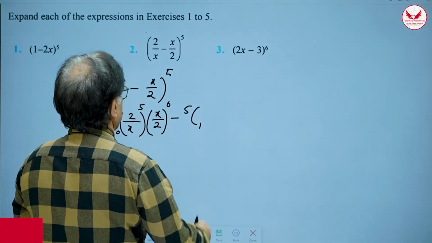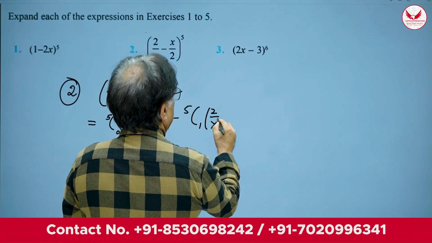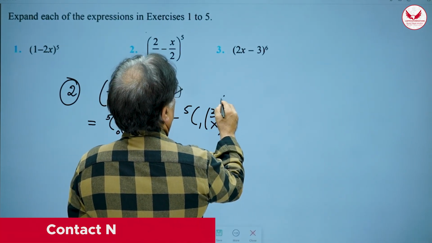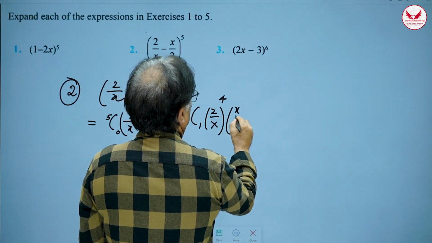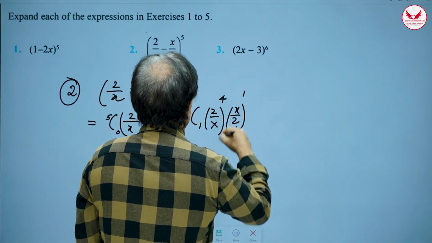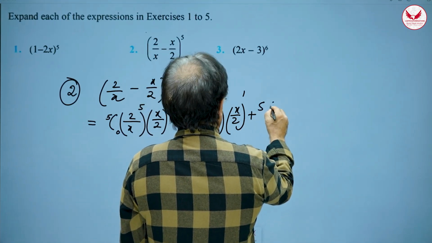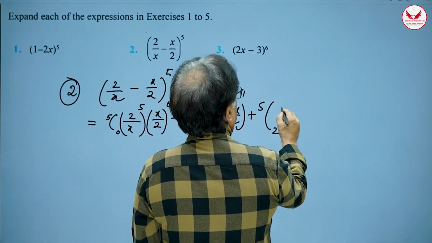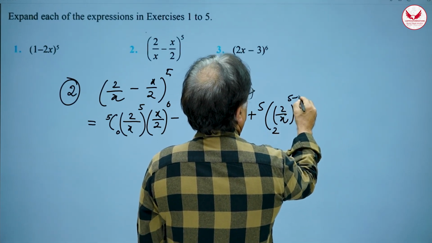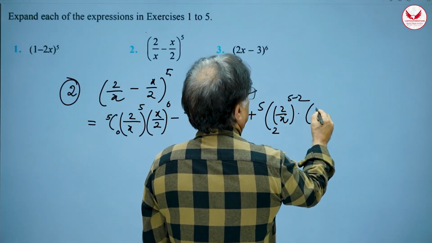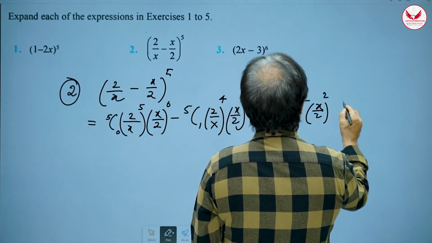Now, minus 5c1. 5c1, first term is 2 by x, right? It will be raised to the power now what? 4. Correct? And the second term will be raised to the power 1. Okay? Plus 5c2. 2 upon x will be raised to the power 5 minus 2, whereas x upon 2 will be raised to the power 2.